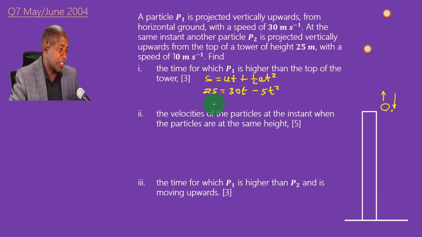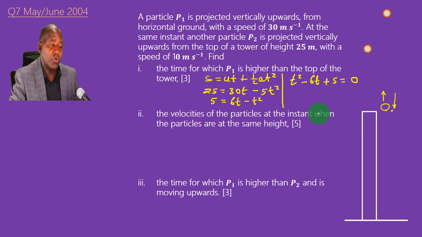Now to get a simple expression, divide this expression by 5 throughout because 5 appears to be the best value to divide with here. I get 60 and then minus t². So my expression becomes t² - 6t + 5 = 0.